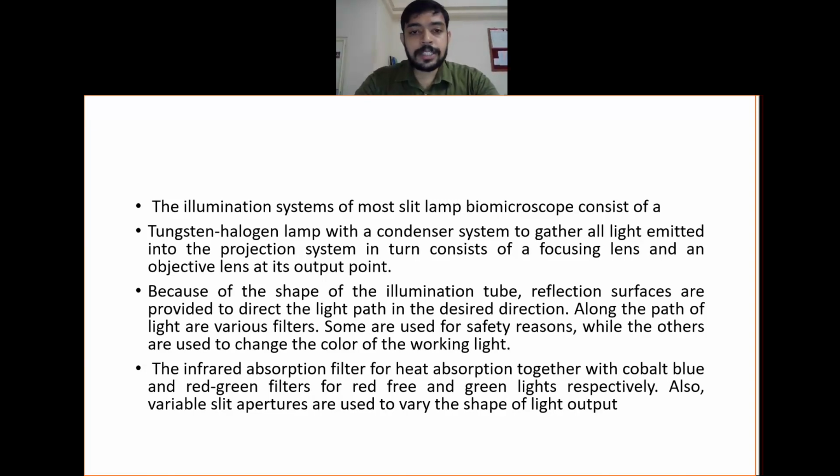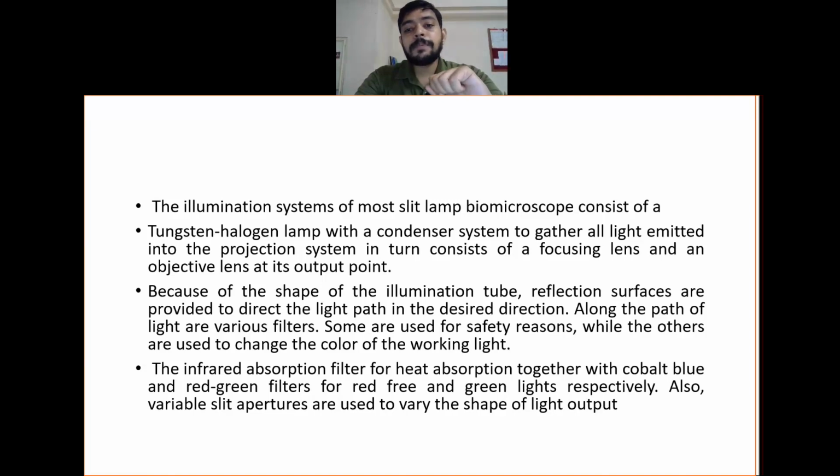So, in the illumination system, we will be having a source of light which will be either a tungsten filament or a halogen lamp. Okay, and the whole light which will be emitted from that lamp will be gathered onto a projection or an output point, which will be our projection system.